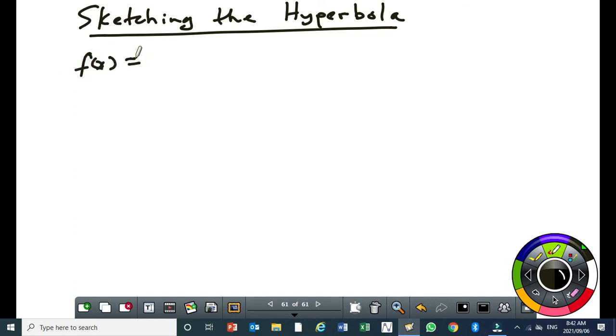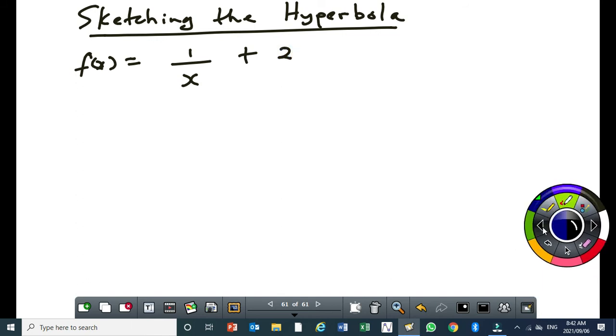We'll start with one where the horizontal asymptote is at y equal to 0. So f of x equal to, okay, let me start with say 1 over x. Let me include the vertical shift, right? So say plus 2, like that. Alright? So we want to sketch that.